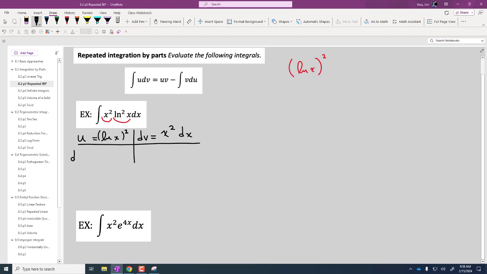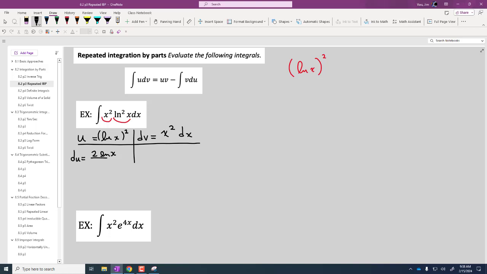So du is the derivative over here, so we have to use the chain rule. So this is going to be 2 natural log of x raised to the 1 power. Bring down the power, leave the base alone, subtract 1. Power down, subtract 1. And now we have to differentiate the base. So the base is what's in parentheses for our exponential expression there.